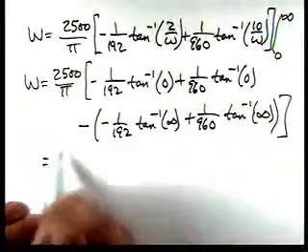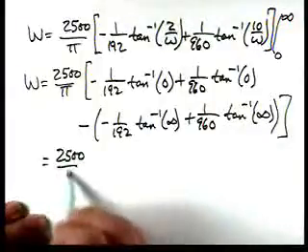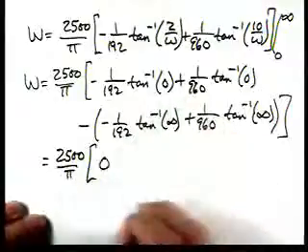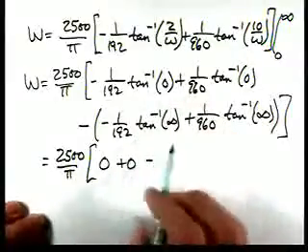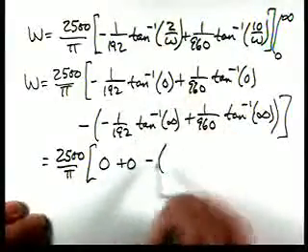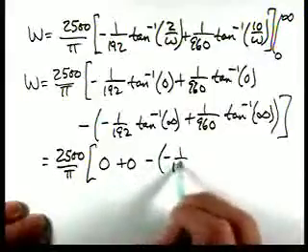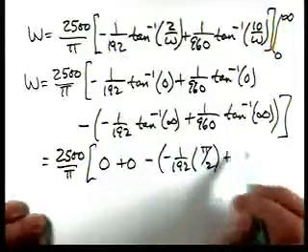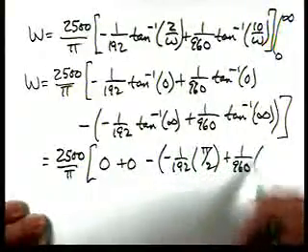So now we have 2500 over pi. This term is 0. This term is 0. We have minus 1 over 192. This term is pi over 2. And this term is also pi over 2.